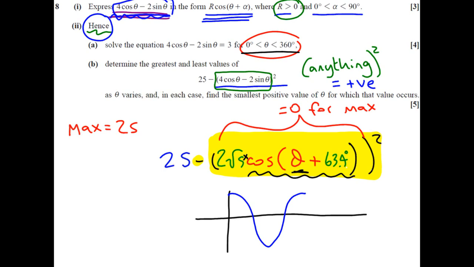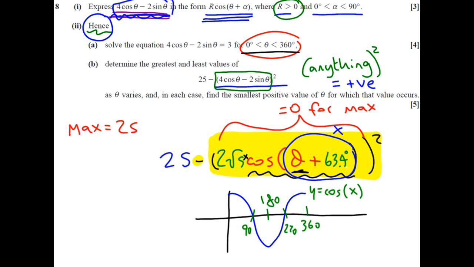Period of 360 with 180 in the middle, 360 here, 90 here, 270 here. That is y equals cos of your angle, I don't know, x. Okay? So, our angle here that we're talking about is theta plus 63.4. I like to use the original graph with this as our angle x.